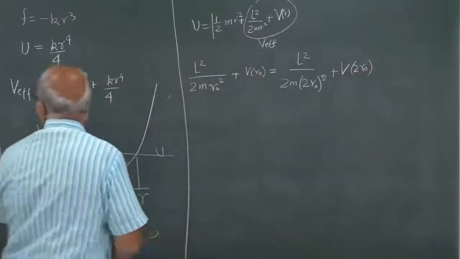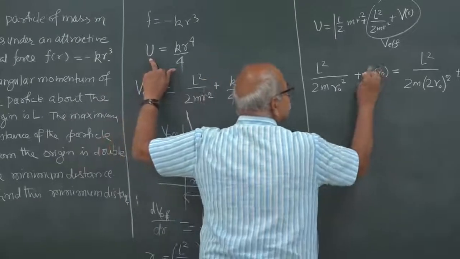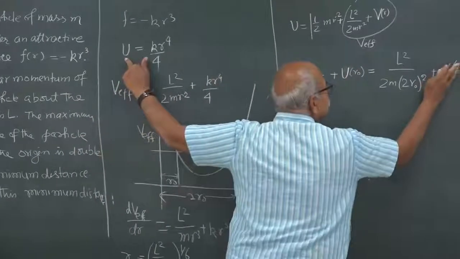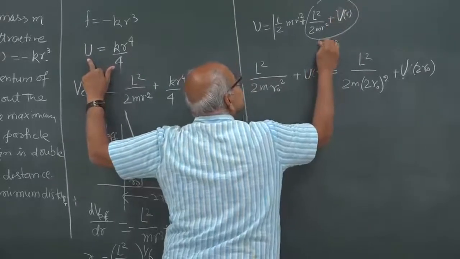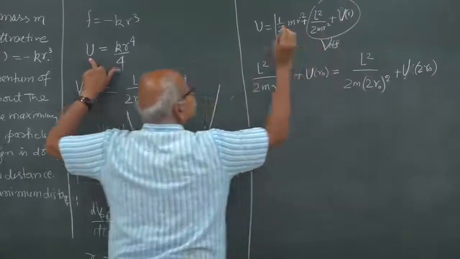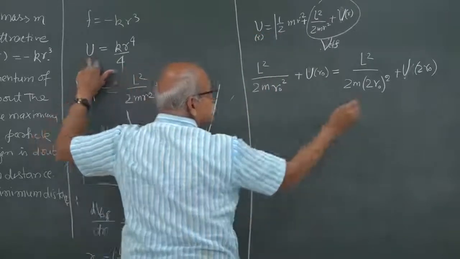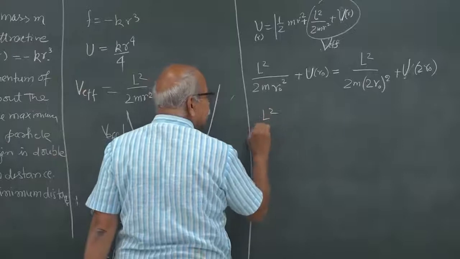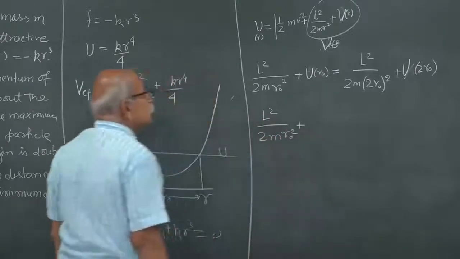I should have written u here, and yeah, V effective is fine. Okay. So, this is u at r. So, this is a situation I can write L square by 2 m r naught square plus u at r naught.